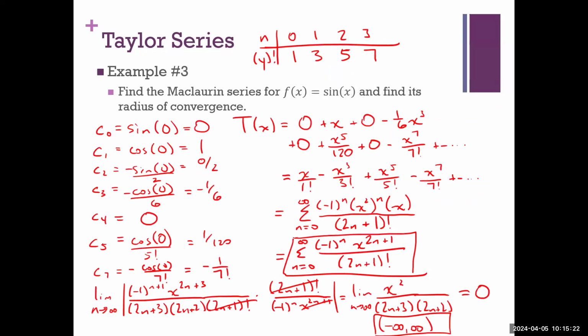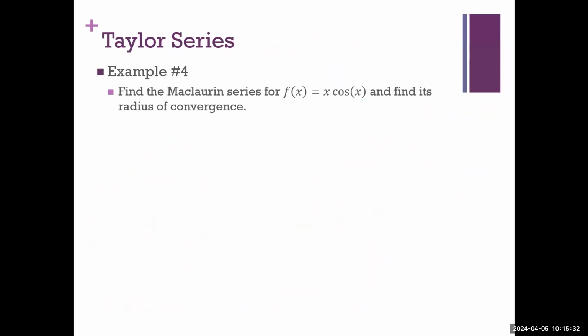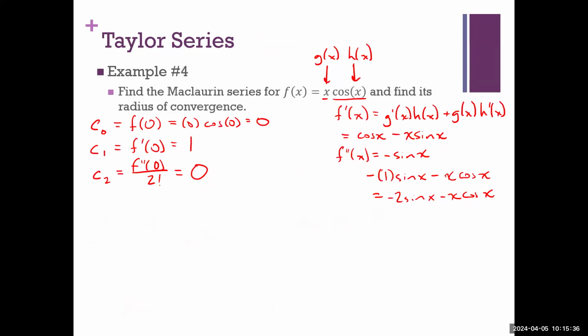With that one, we saw that every even coefficient was 0. With this one, are we getting the same thing, or is it offset? Seems the same so far, right?